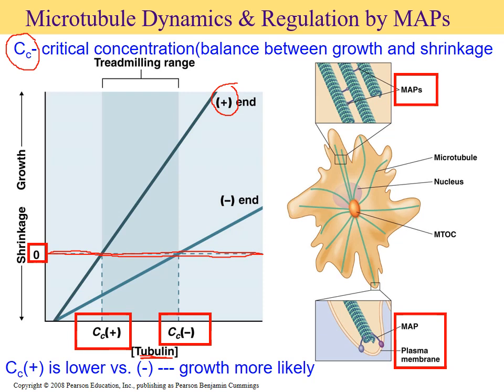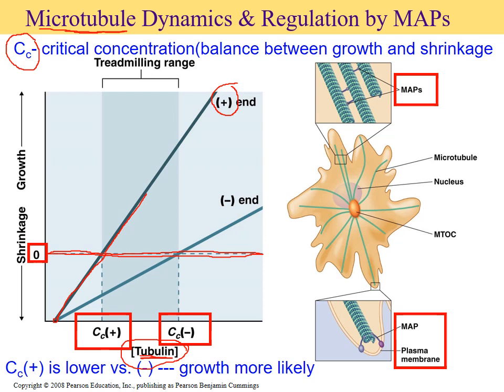What this graph is showing you is that the positive end of your microtubule is way more sensitive to your tubulin levels, because you can see right here it's at a lower concentration, and look how it shoots up. It quickly goes ahead and encounters its critical concentration volume, but any slight shift or changes to the tubulin level will go ahead and promote extensive growth.